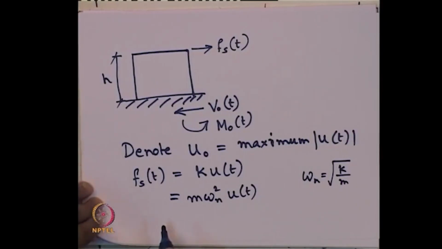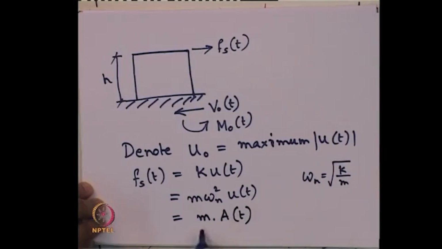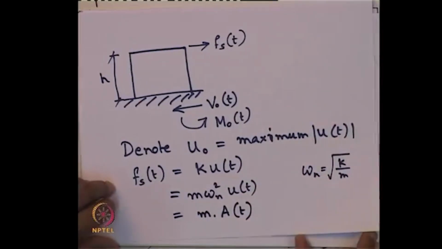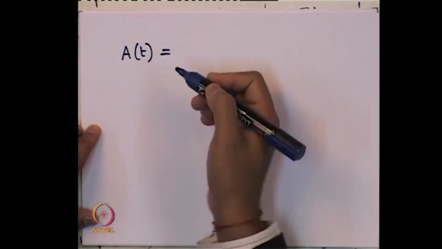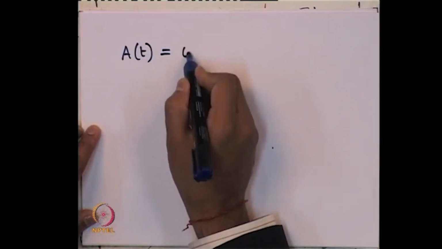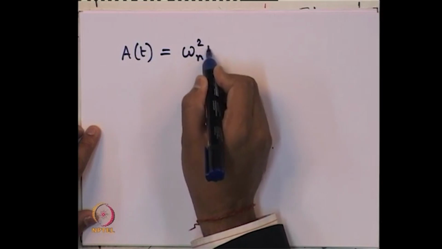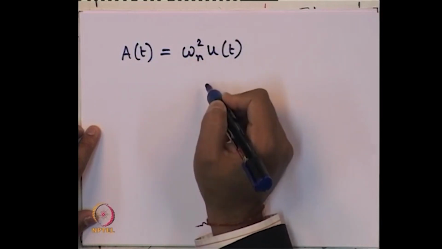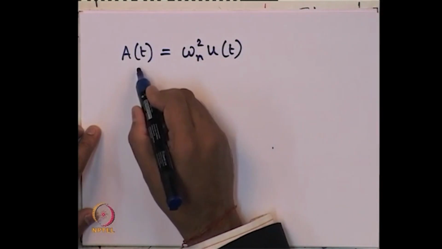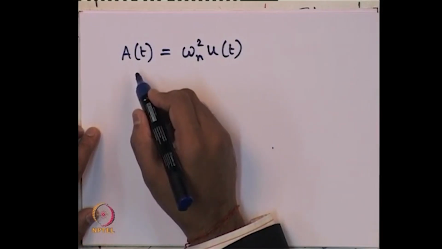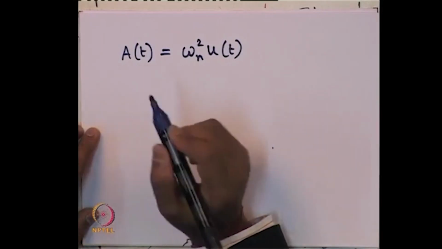So, in this case we call it m times a of t. What is then a of t? As per our written expression, a of t is omega n square times u of t.